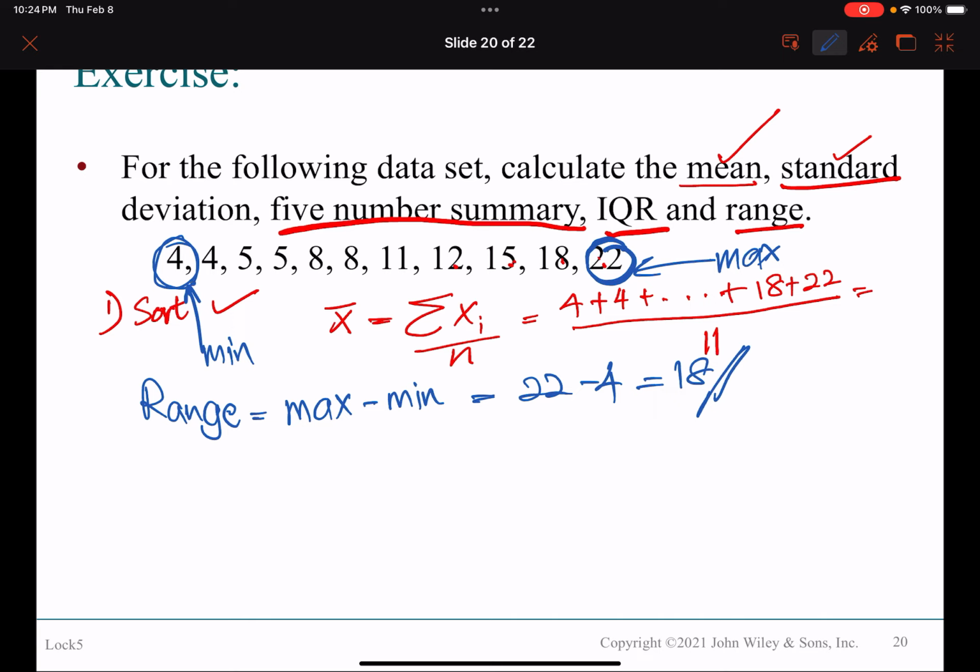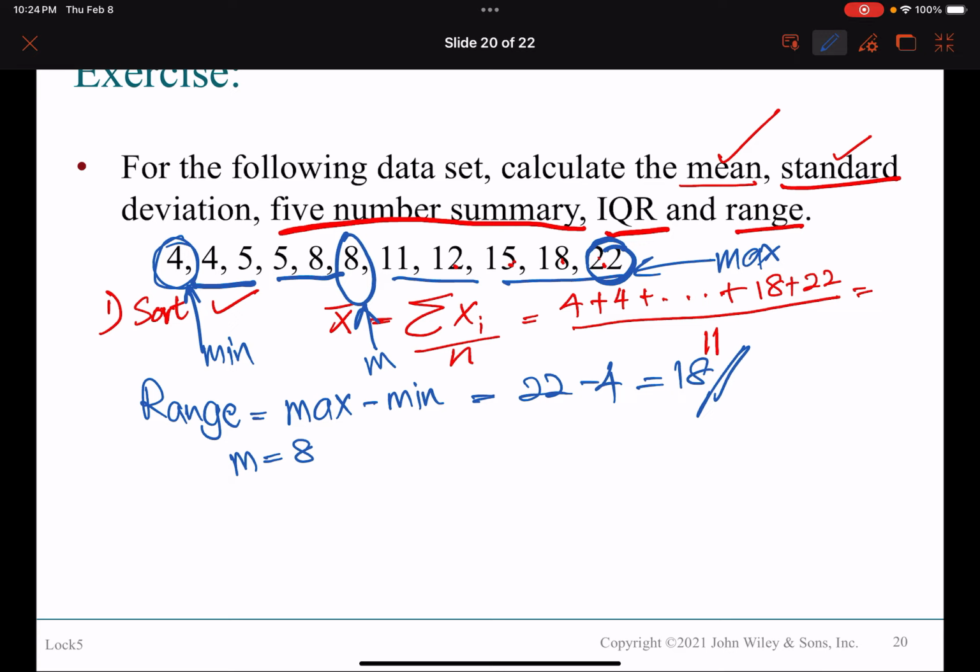It should be the sixth one, 5 on this side, 5 on this side. So this is your median, the middle point of this data set. So the median, M, is 8.